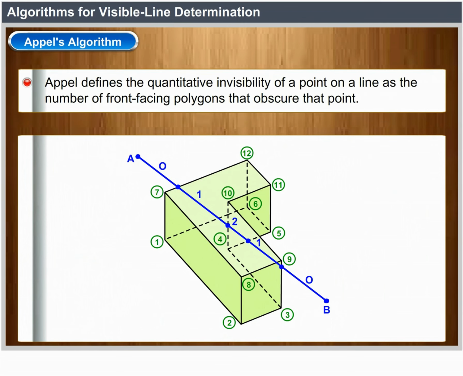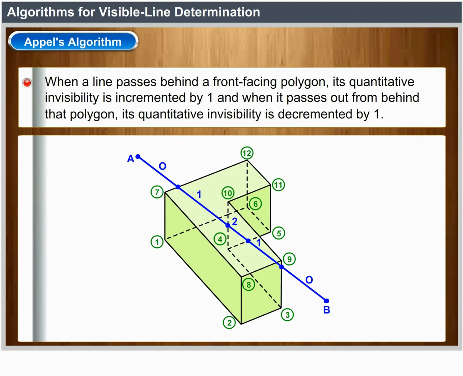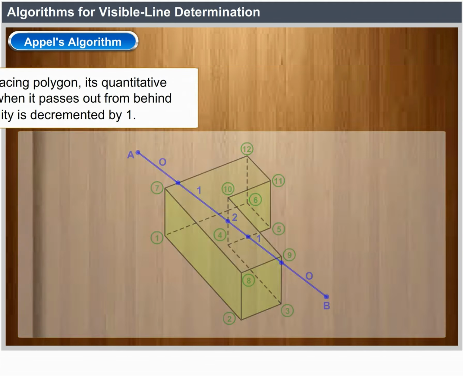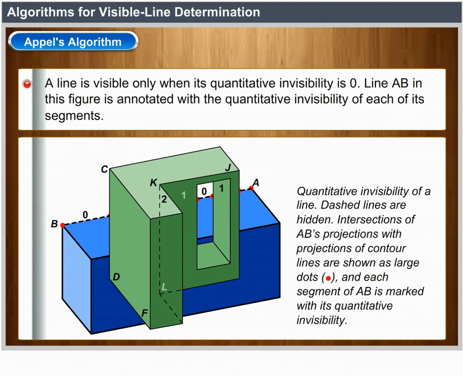Appel defines the quantitative invisibility of a point on a line as the number of front-facing polygons that obscure that point. When a line passes behind a front-facing polygon, its quantitative invisibility is incremented by 1. When it passes out from behind that polygon, its quantitative invisibility is decremented by 1. A line is visible only when its quantitative invisibility is 0.